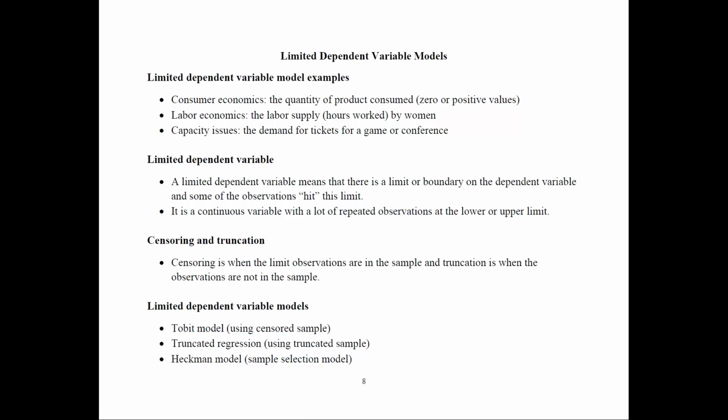And the limited dependent variable models that we will consider are the Probit model that uses the censored sample, all of them, the zeros and the positives, the truncated regression that just uses the truncated sample or just the positives, and the Heckman model, which is a sample selection model. And this is when people self-select into do they do something or not, and then we estimate the outcome variable for them.